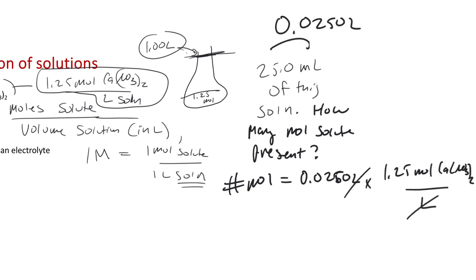That's why we use the molarity unit, moles of solute per liter of solution, so that you can take 25 mL of a solution and know that the number of moles there would just be 0.025 times 1.25. So that's 0.0313.